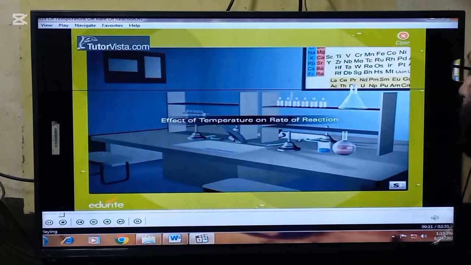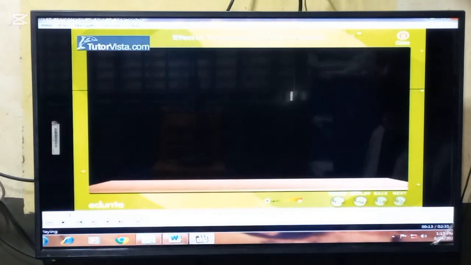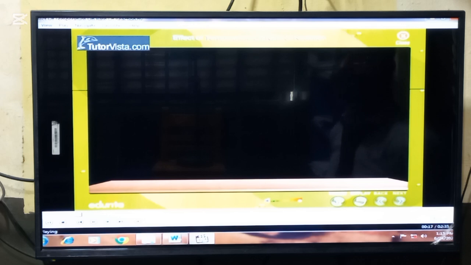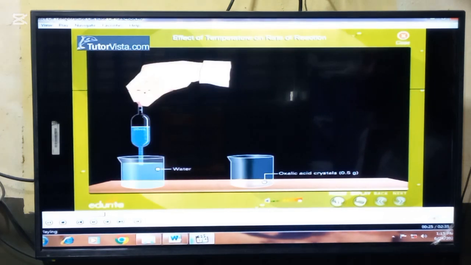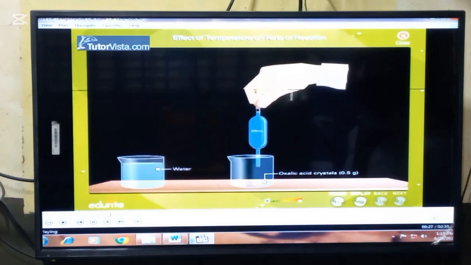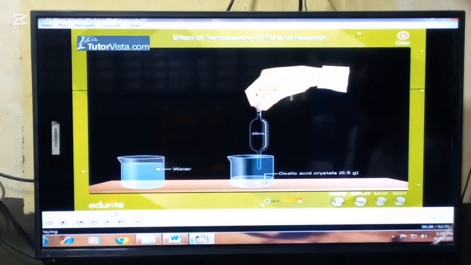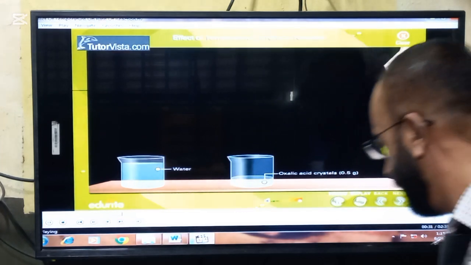Let us study the reaction of oxalic acid with potassium permanganate in the presence of sulfuric acid. Take 0.5 gram of oxalic acid in a beaker and dissolve it in 20 milliliters of water. Now to this oxalic acid solution, add 5 milliliters of dilute sulfuric acid.